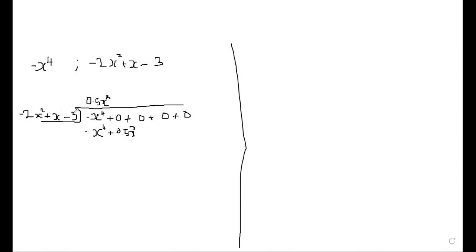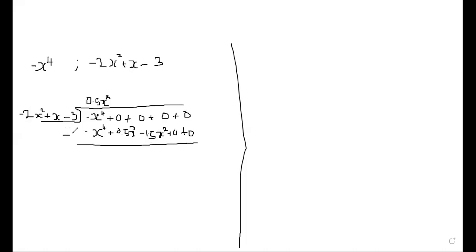When you multiply this by that, you have 3 over 2, that's 1.5, right? Negative 1.5x squared plus 0 plus 0.